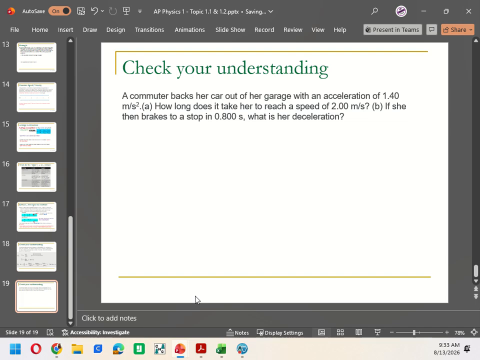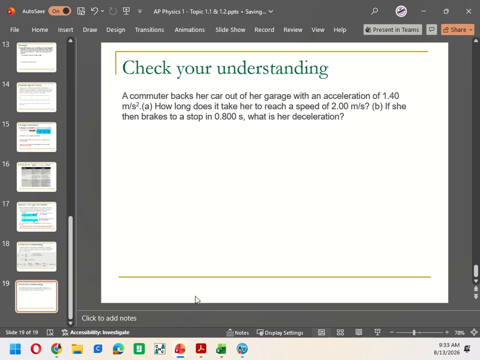Reading through the problem, what is her end velocity? 0. Why is it 0? Very good. You have to read through the problem. It's not always the numbers that you pick out. Brakes to a stop. So that means my velocity at that stop is 0.